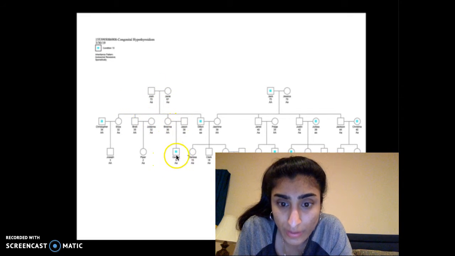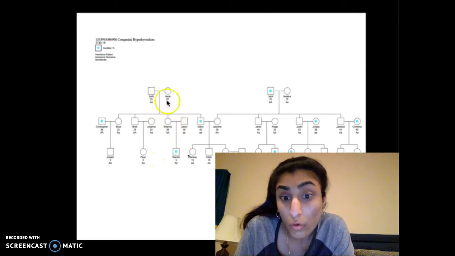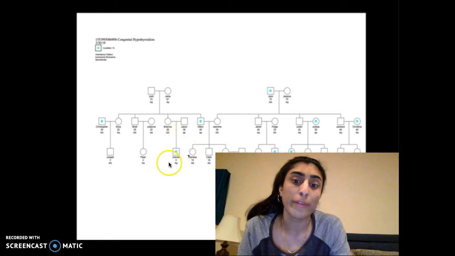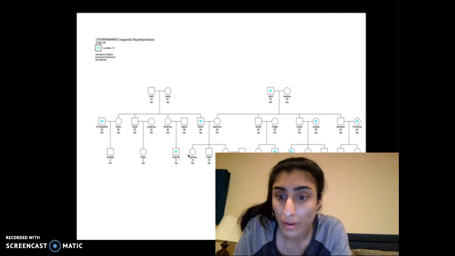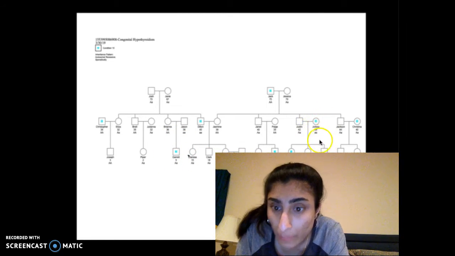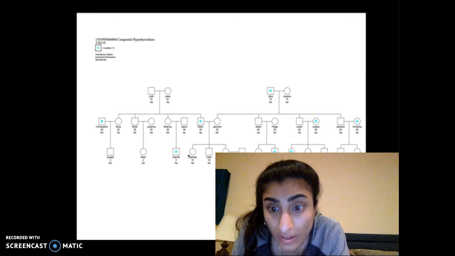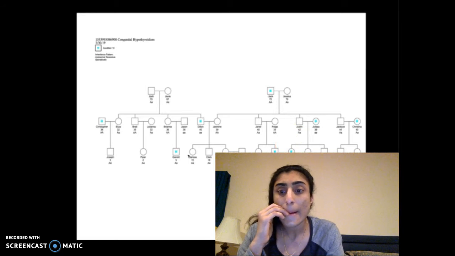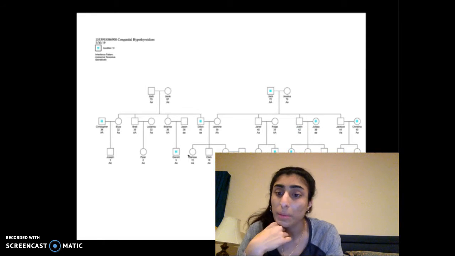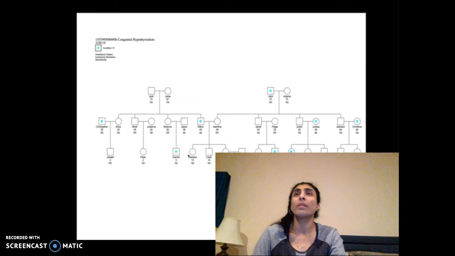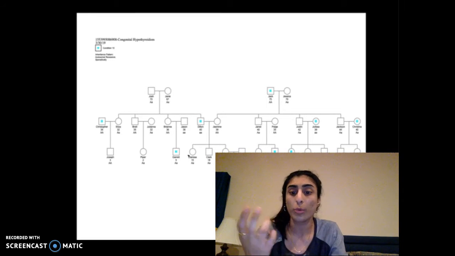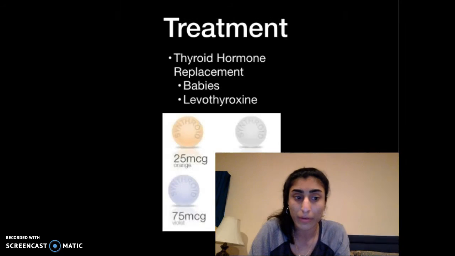For this child right here, none of the parents or even the grandparents had the disorder, and they were affected with it. For this one, the mother had the disorder, and I believe the daughter got the disorder as well. But for the most part, it seems to be pretty sporadic. It's not very common that it happens as an autosomal recessive inheritance pattern.